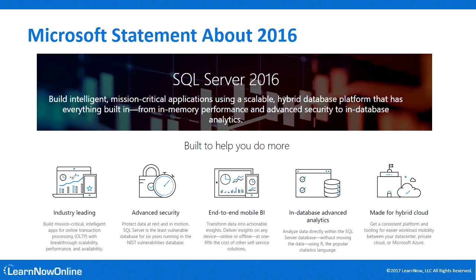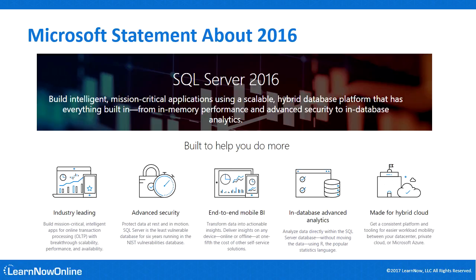This is from their site for SQL Server 2016. They say, build intelligent mission-critical applications using a scalable hybrid database platform that has everything built in, from in-memory performance and advanced security to in-database analytics.